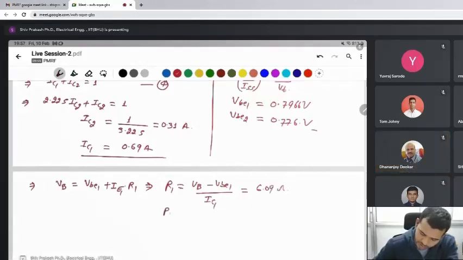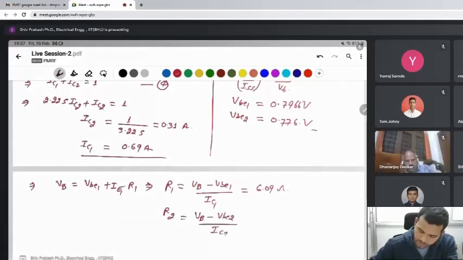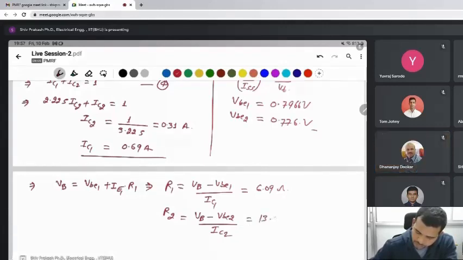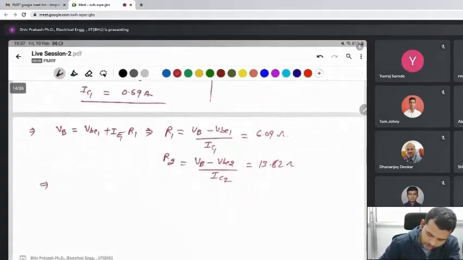The same thing applies for R2, which is 30.62. R1 plus R2, which they are asking about, is 60.09 plus 30.62, giving 90.7 ohms.